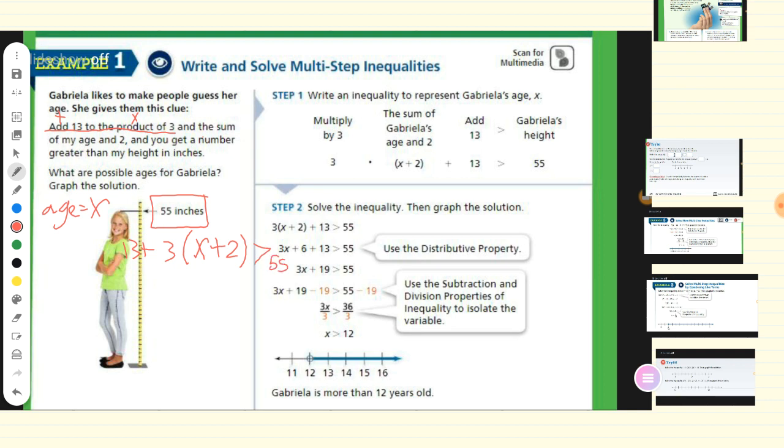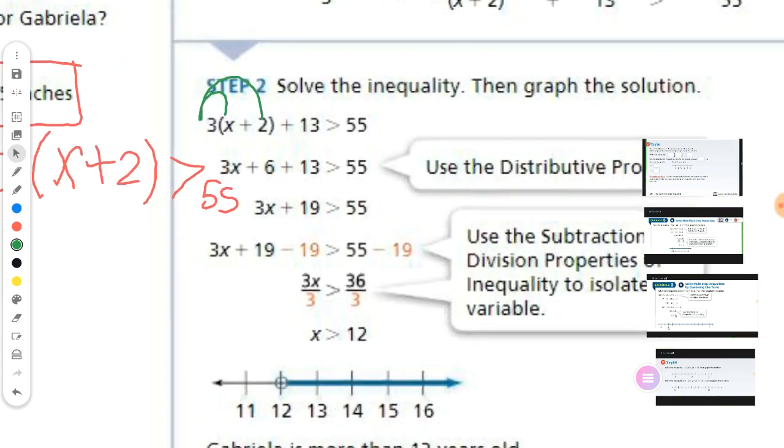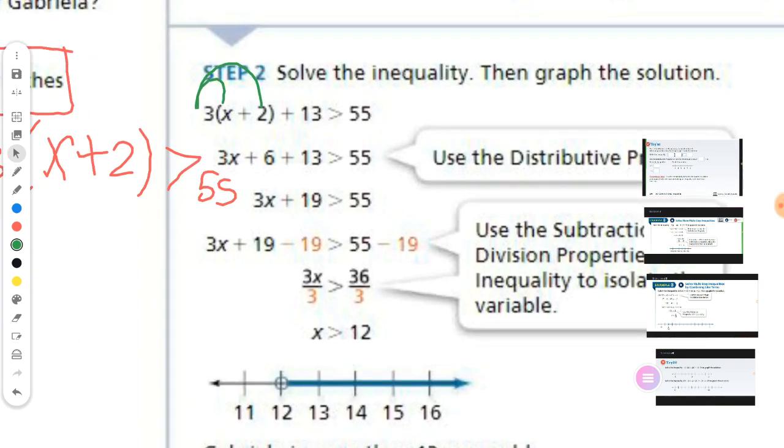Now we will use the distribution property as the first step. So 3 multiply x, 3 multiply 2: 3x plus 6, plus 13 at the end. Collect like terms: 13 with 6 equals 19.